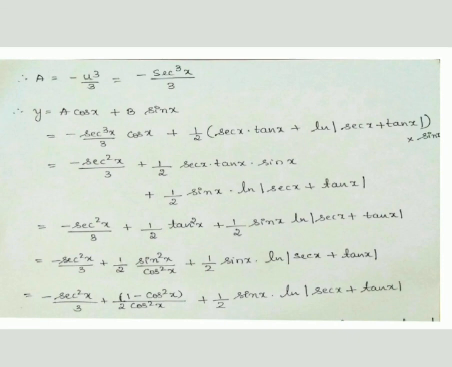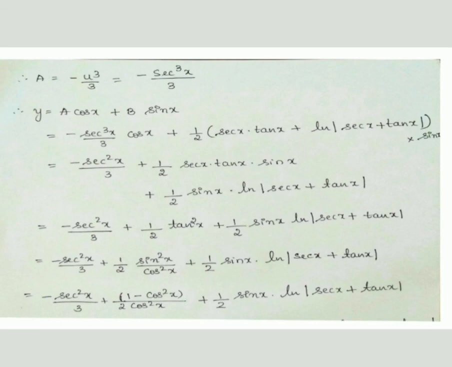That's why minus secant square x by 3 plus half into secant x into tan x, that into sin x, plus half into sin x into ln of modulus of secant x plus tan x. Or otherwise minus secant square x by 3 plus half into secant x into sin x, that gives the tan x. So tan x into tan x is tan square x, plus half into sin x into ln of modulus of secant x plus tan x.